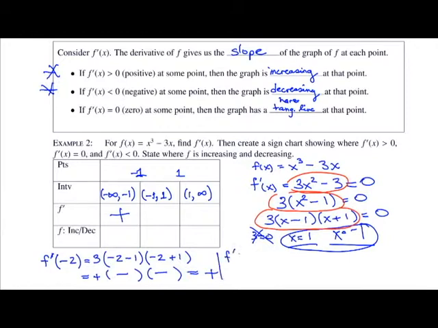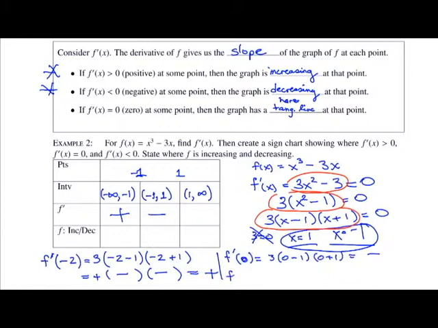And now we need to do it for the other 2 intervals. From this middle interval between negative 1 and 1, I would plug in 0. And this is going to be 3 times 0 minus 1 times 0 plus 1. If you work that out, that is going to be negative.